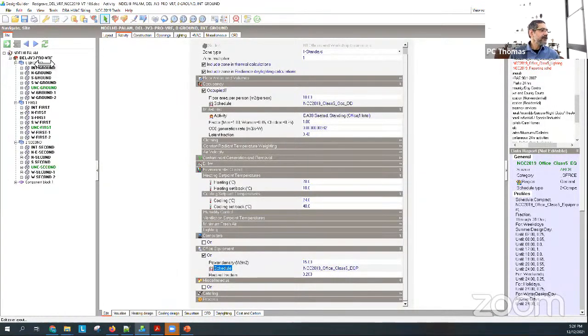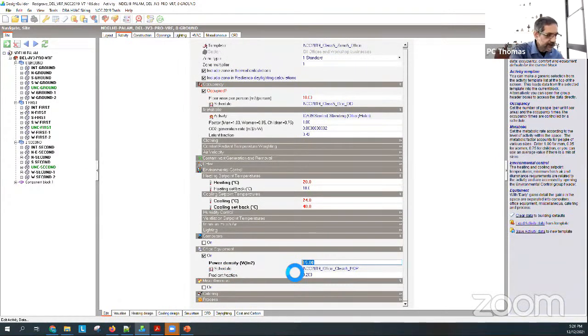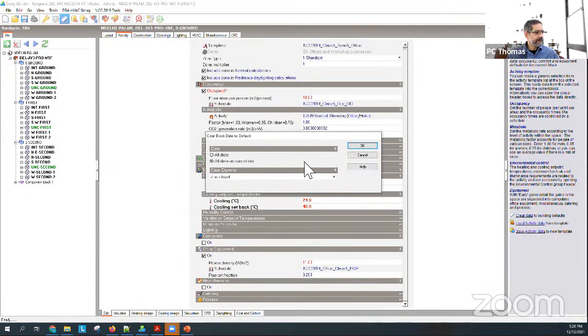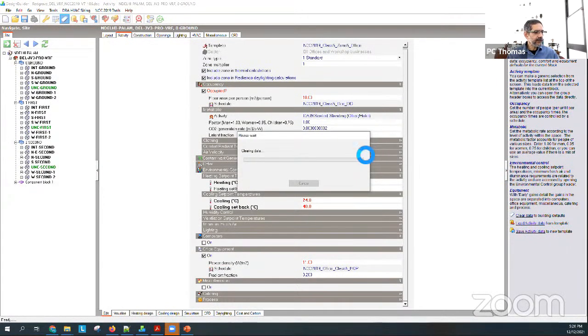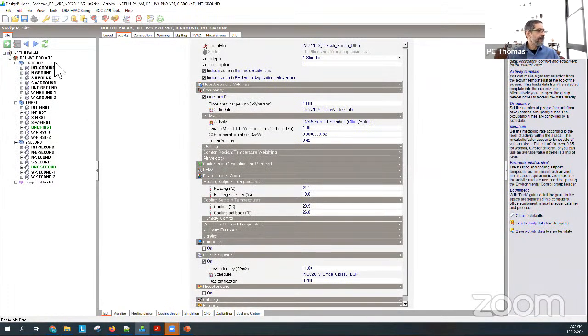Okay. So what I need to do is to try and see if I can default it back to 11 watts. And you'll have to do that for every zone. You'll have to do a check to just make sure that you can do that. Okay. And once you do, hopefully, yeah, that's come over there.